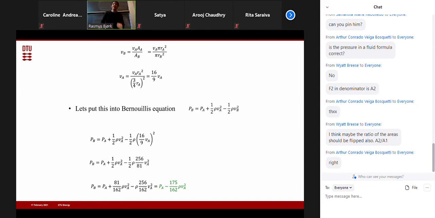So that makes sense. You are going smaller with the same amount of mass coming through there. So your velocity should be higher, and our velocity is 16/9 higher than VA. So everything makes sense from a common sense standpoint. And then we have the math to back up the right answers.